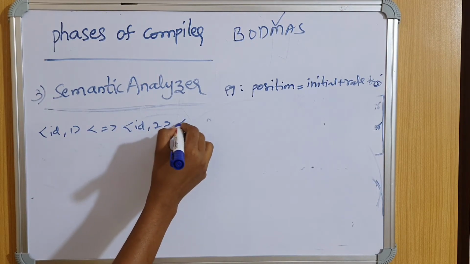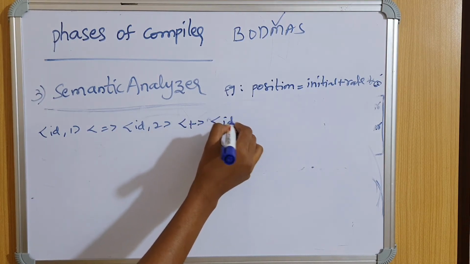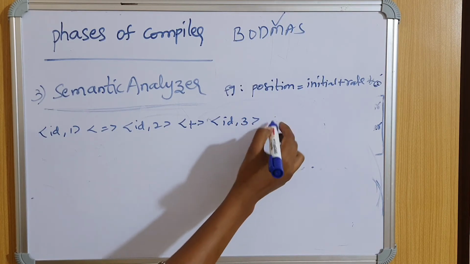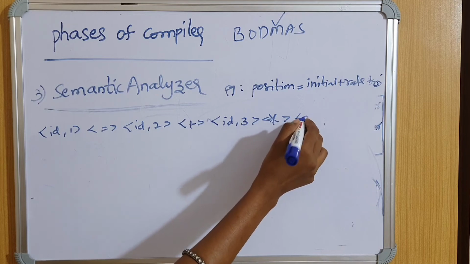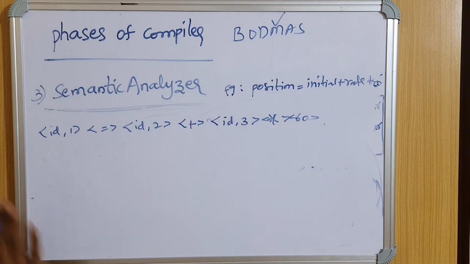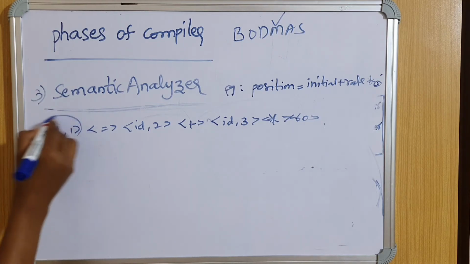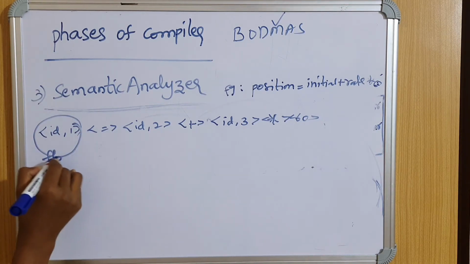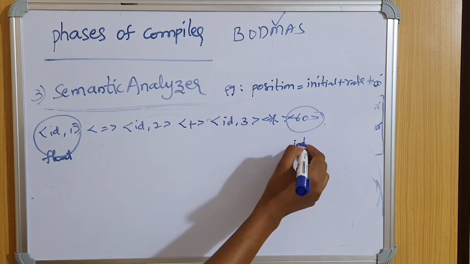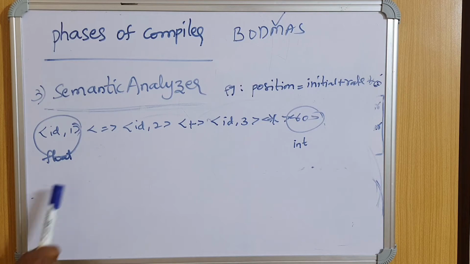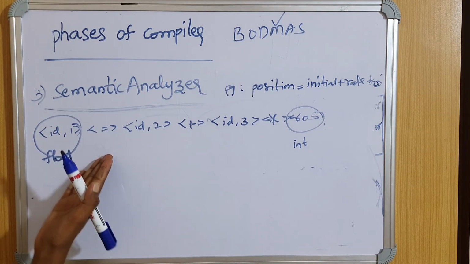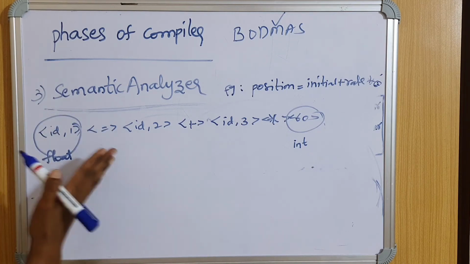If you write it multiple times, you will get clarity in how we are writing it. Consider that position is float, and this one is integer. Then it is syntactically correct, but wrong semantically.